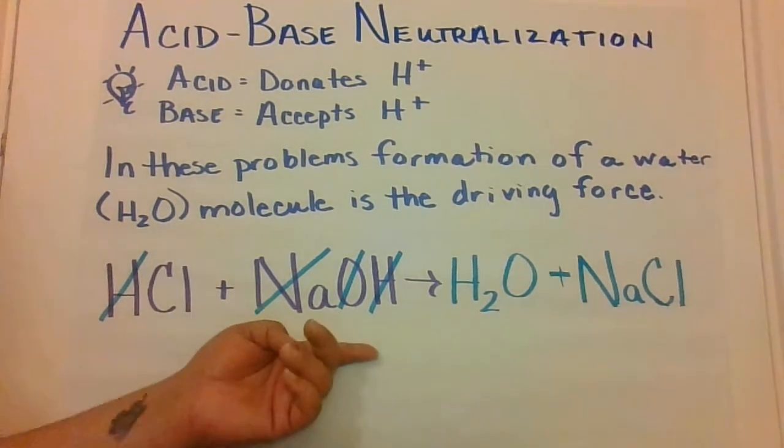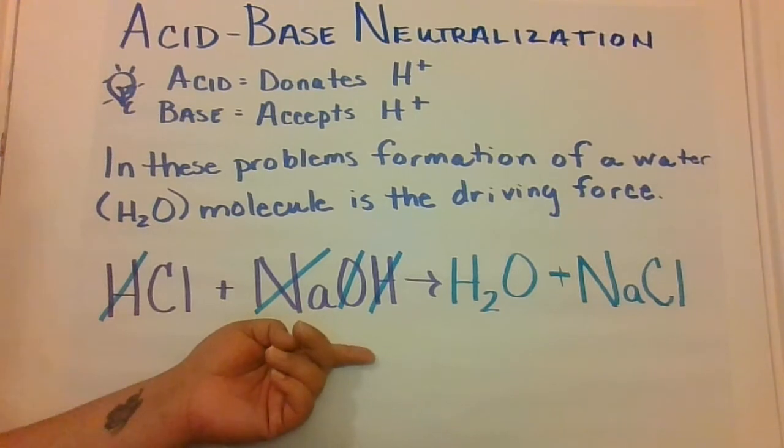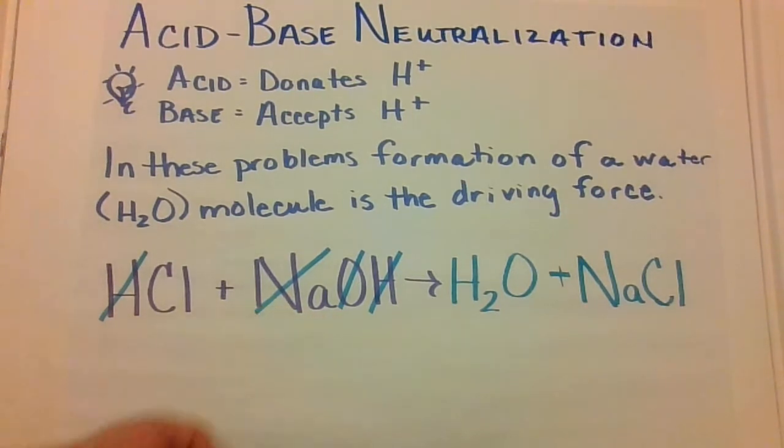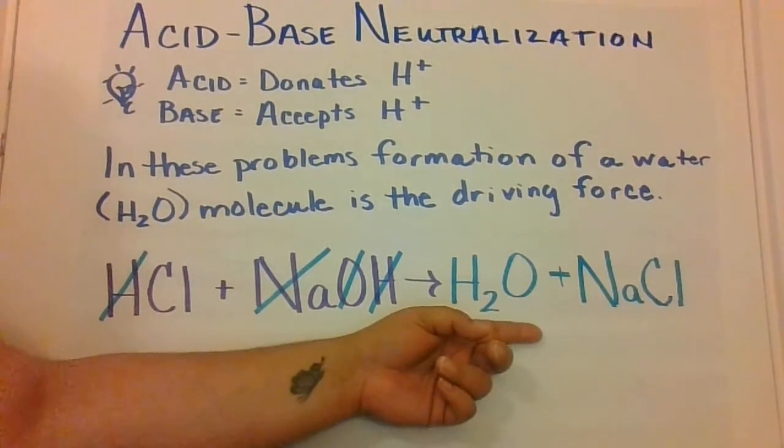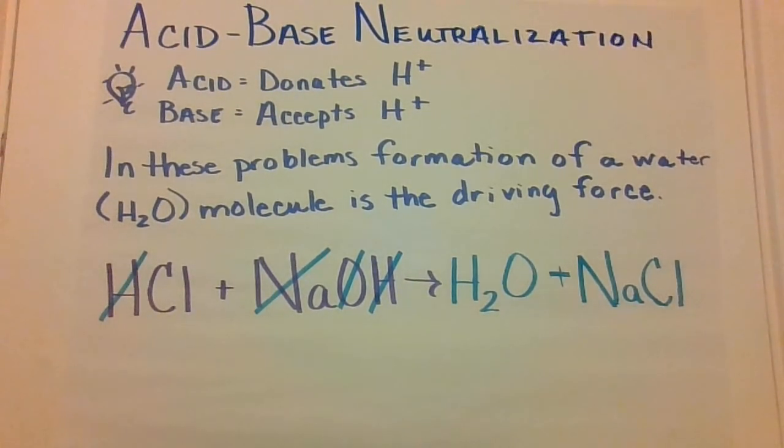We have NaOH, which is our base. And then we have our NaCl, which is our salt. And then there is our water, our driving force for the whole reaction.